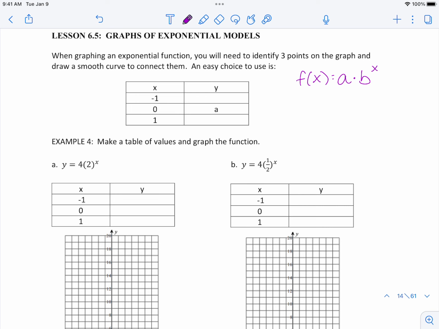And then for 1, I'm doing a times b to the first power, which is a times b. For -1, I'm doing a times b to the negative first power, which is the same as doing a divided by b. So let's make a table of values using these and then graph the function.